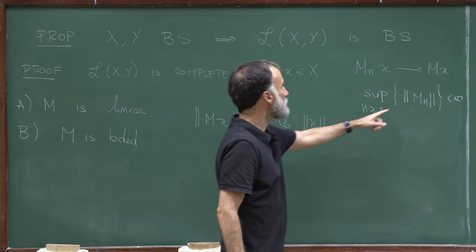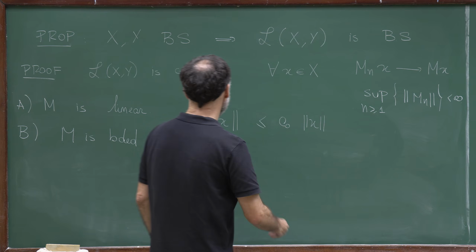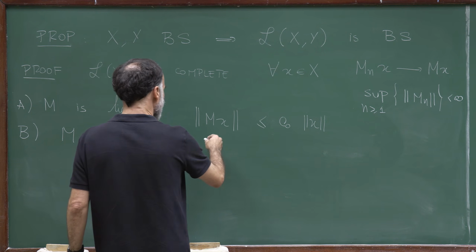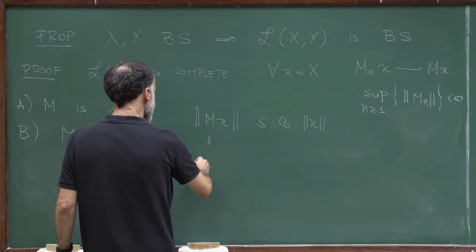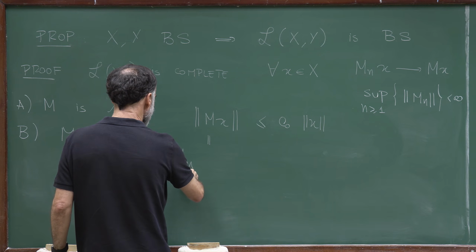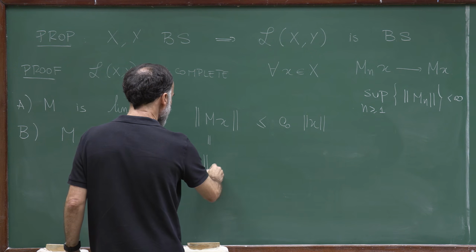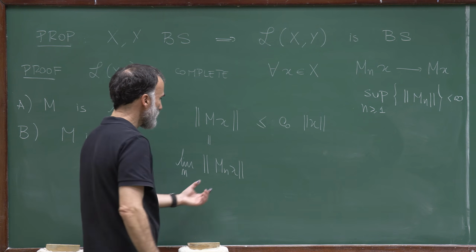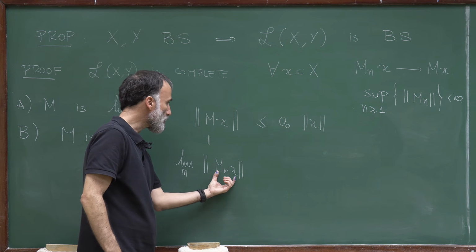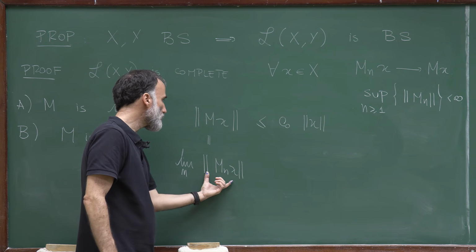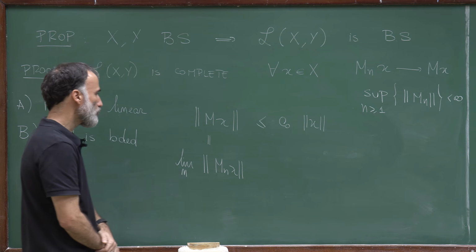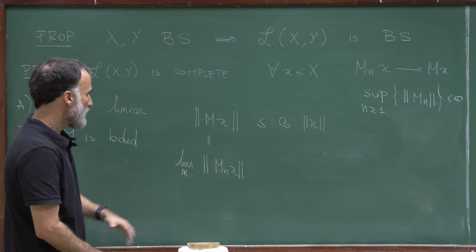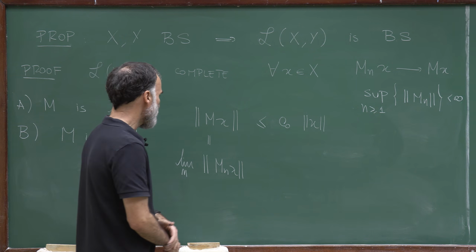But by definition, Mx is the limit. So the norm of Mx is the limit in n of the norm of Mnx. Right? We have seen that if we have a sequence which converges, then the norms of this sequence converge to the norm of the limit. So we have this.